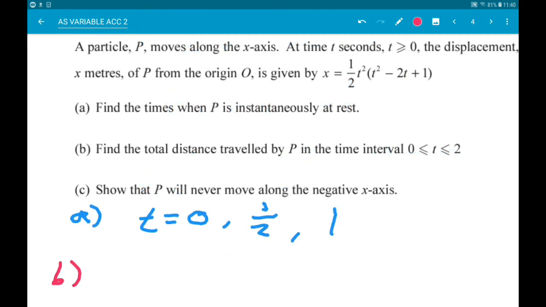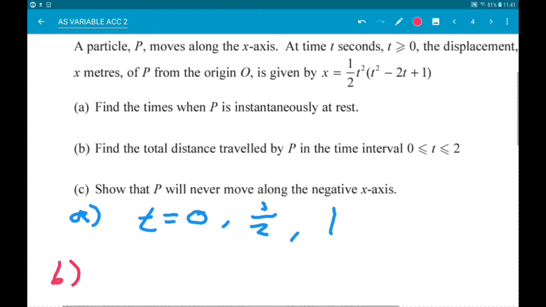Okay, then part B wants us to find the total distance travelled by P in the time interval t greater than or equal to 0, less than or equal to 2. Okay, distance, not displacement. So, what we should do first of all is check where the particle started.